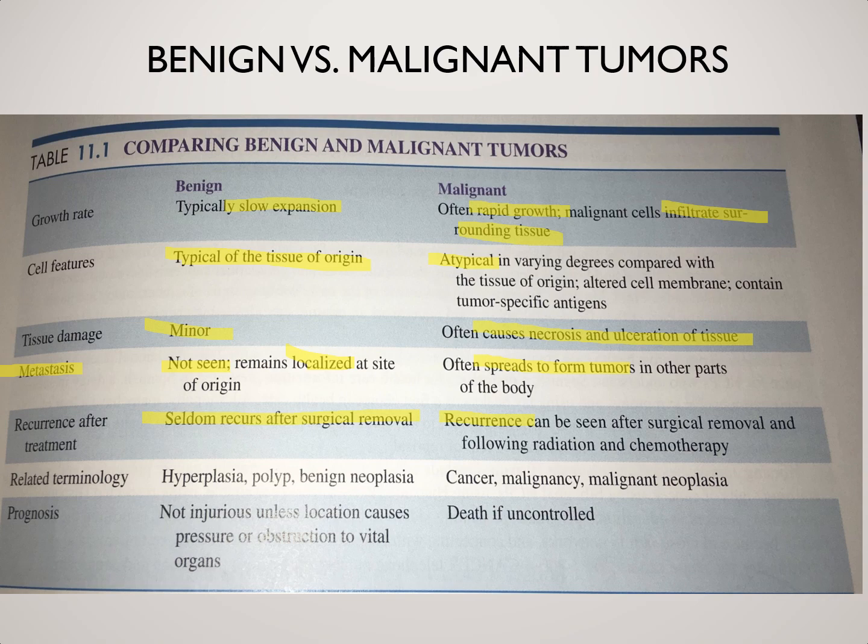Your prognosis for benign tumors is pretty good. They don't cause injury unless the location causes pressure or an obstruction to the vital organs. Malignant tumors have a poorer prognosis. It could cause death if uncontrolled, depending on the severity.